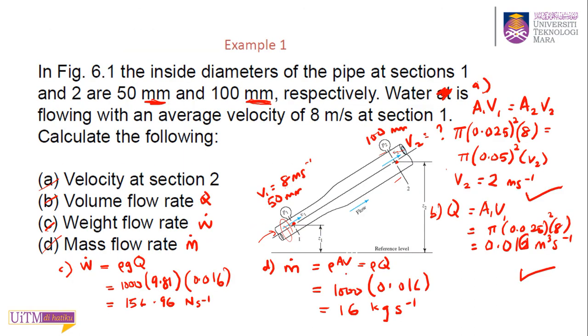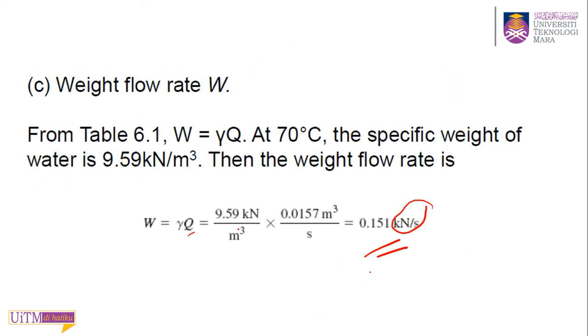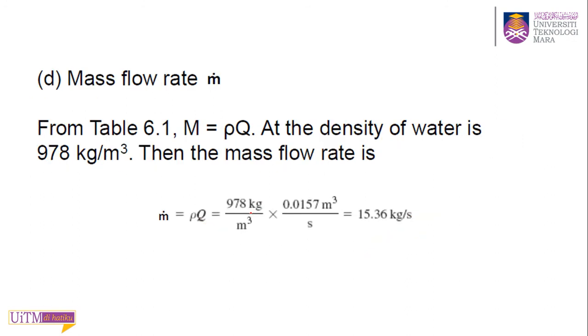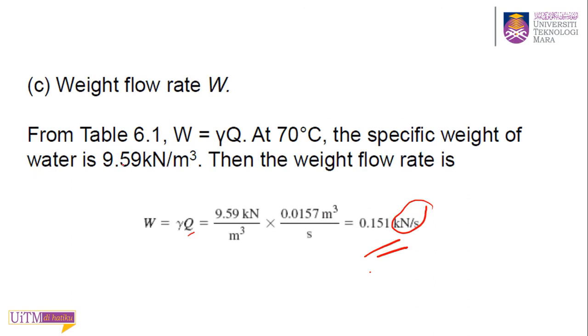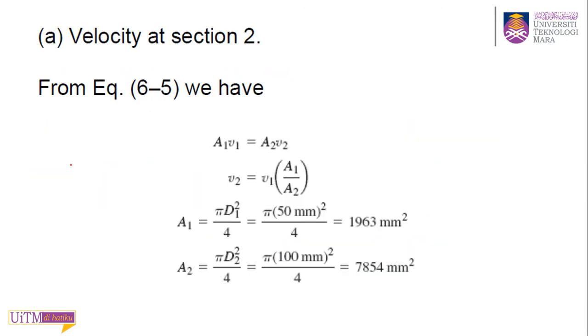Okay. Oh, I know why it is different. Can you notice why the value is different? Someone? Mass and weight? No, they use a different value for density. I think in this question it's not complete.